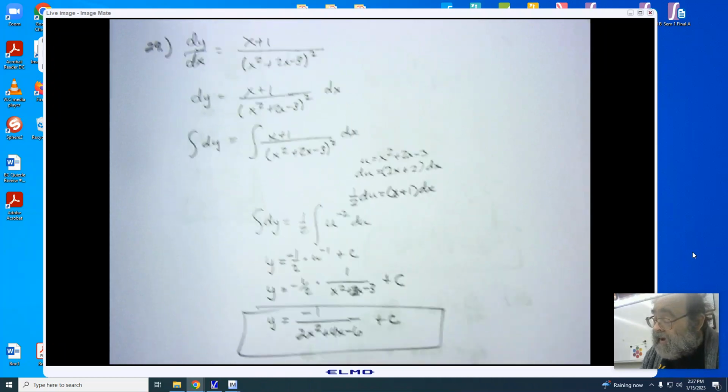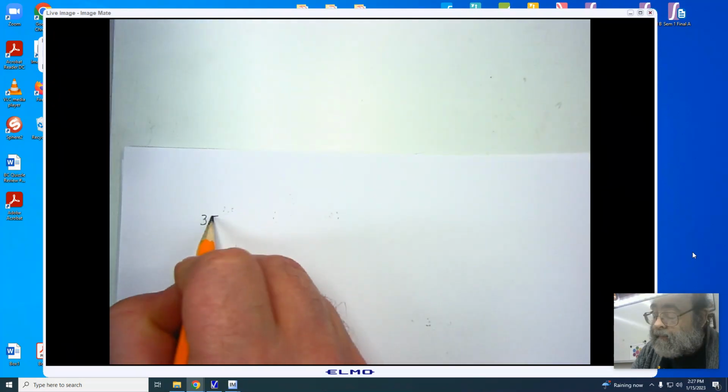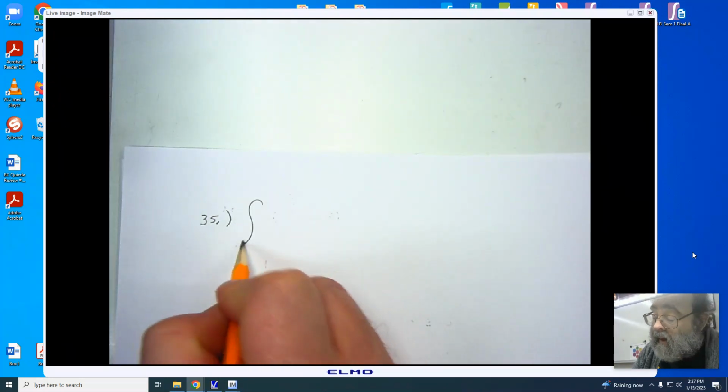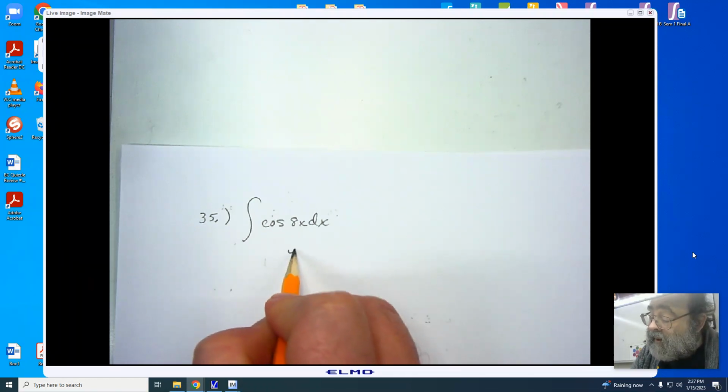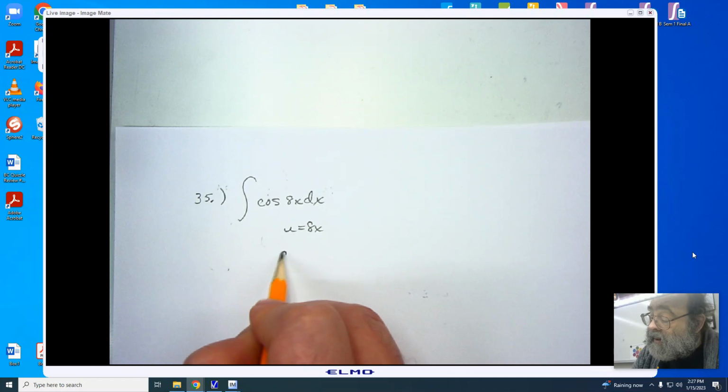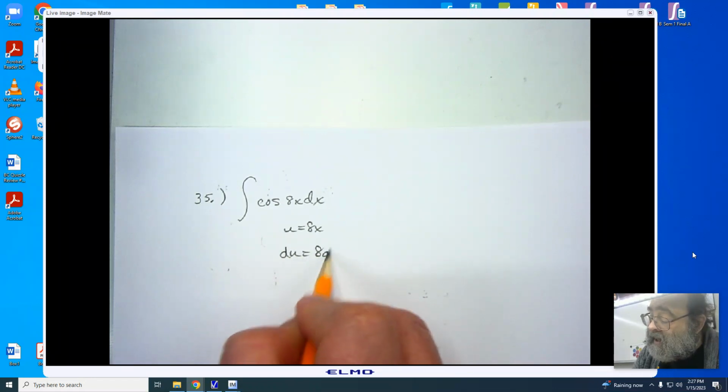Now, all the rest are going to follow this basic pattern that we've just seen. So let's look at 35 real quickly. 35, the integration of cosine of 8x dx. Let u equal 8x, du equals 8 dx.